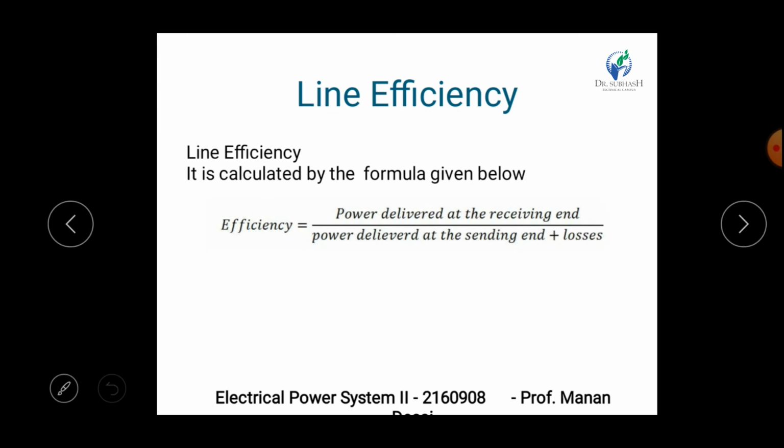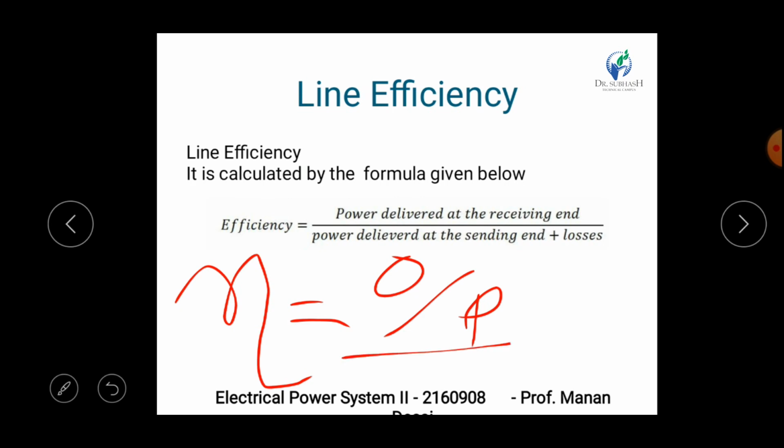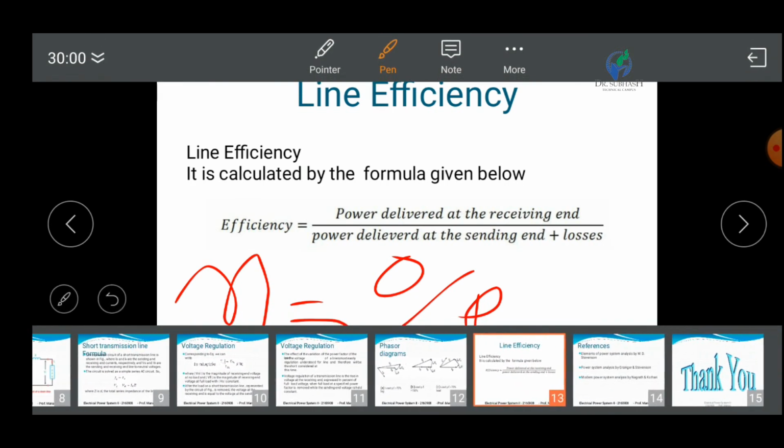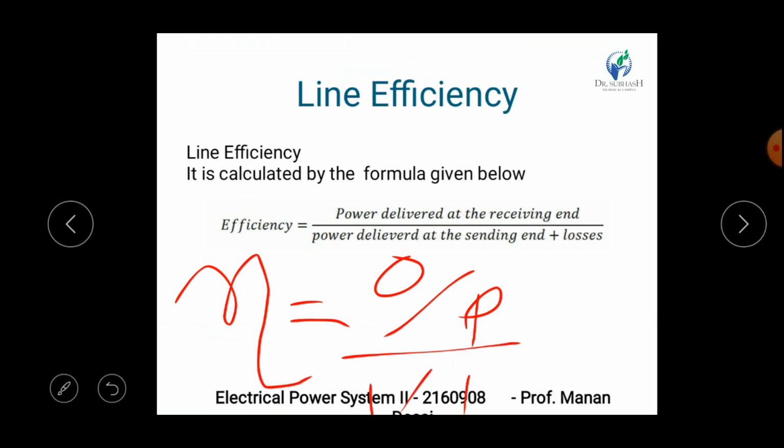Line efficiency is power delivered at the receiving end upon power delivered at the sending end, which includes losses. So efficiency eta is equal to output upon input, but in the input we consider power plus losses.